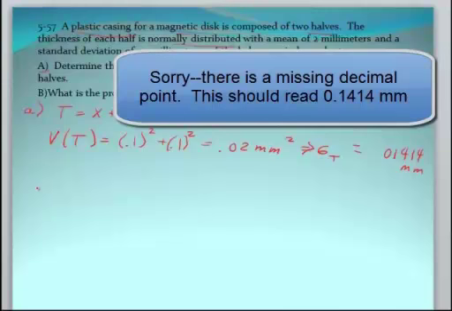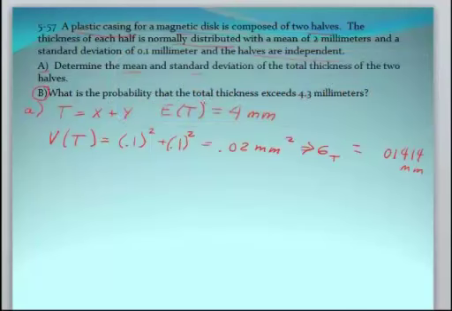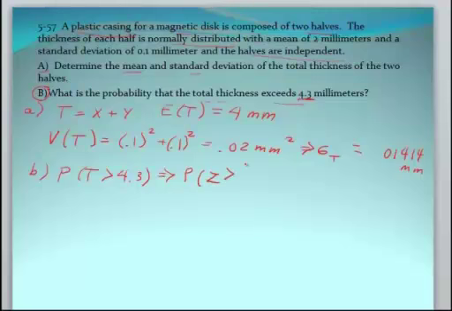And now for part B, they want to know what is the probability that the total thickness exceeds 4.3 millimeters. So for that, we're looking for the probability that t is greater than 4.3, and so that means essentially we're looking for the probability that z is greater than... Well, plugging into our formula, remember our formula is z is equal to x minus mu over sigma.